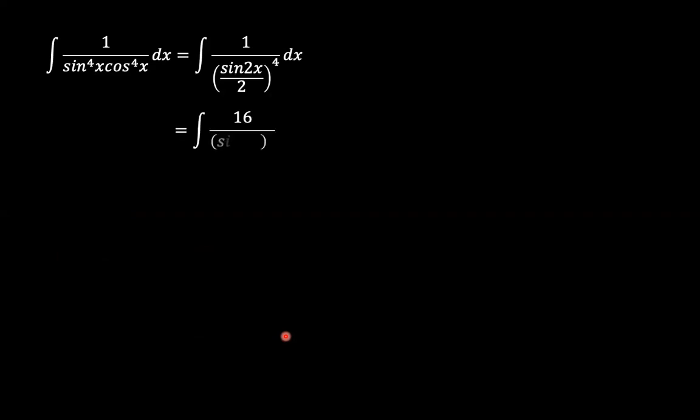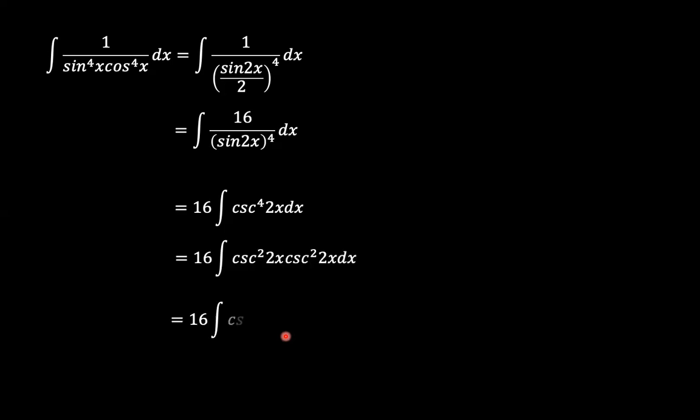And so that means that that 2 to the power 4 becomes 16, and that now goes into the numerator. And we can pull that constant out such that we have 16 times the integration of cosec of 2x. Now, this is the same as cosec squared 2x times cosine squared 2x.